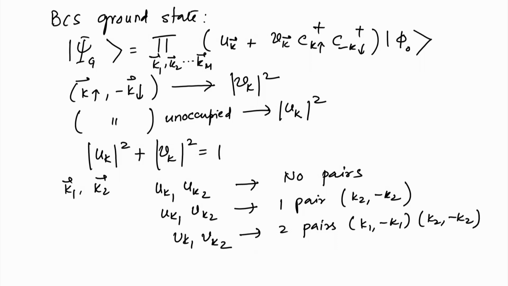So, a pair would be unoccupied with a probability mod u k square, and a pair would be occupied with probability mod v k square.